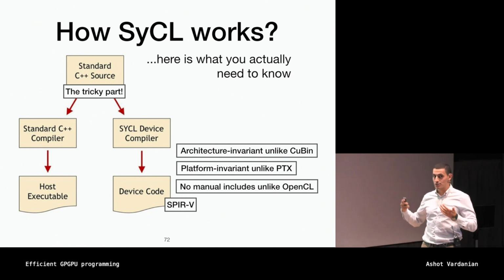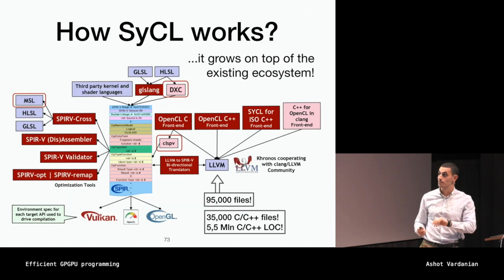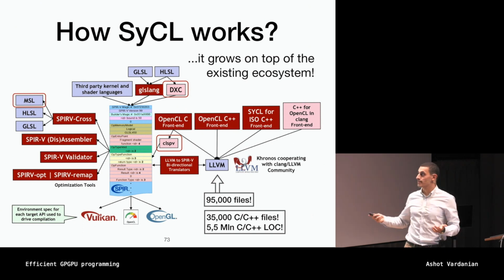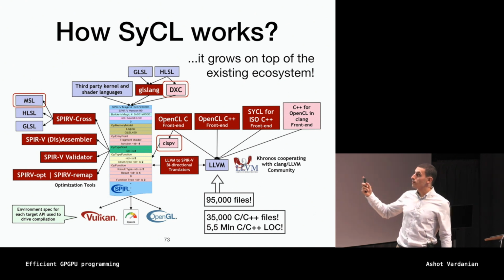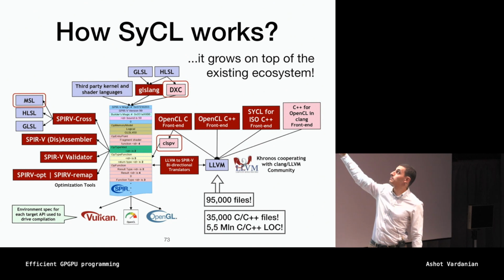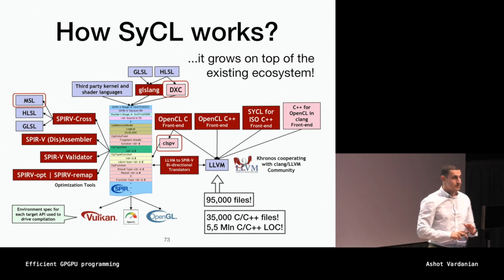SPIR-V, being the next generation thing, is expected to not have all those stupid problems. And even though it's that powerful, it basically builds around the existing LLVM infrastructure. So the only new part on this entire chart is this SYCL for ISO C++ front end, in the upper right corner. All the rest already exists.